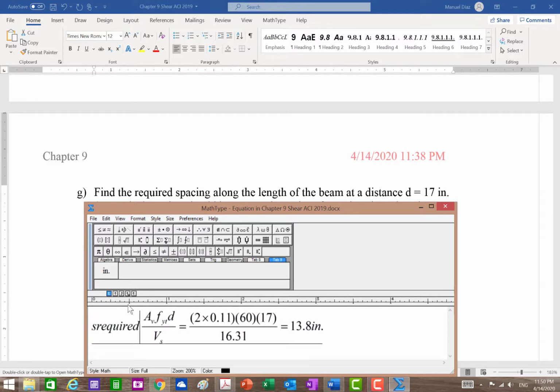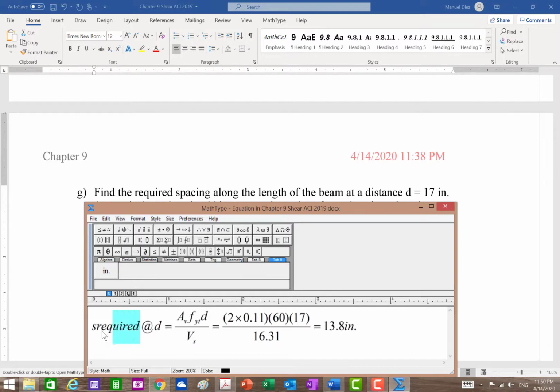S required at D, right? Because we're doing the shear at D. Okay. So this is my S required at a distance D. So that's what we're trying to find. So it's going to be my AV. Okay, that's good. My 60, which is this one. My D doesn't change, but my V sub S is now 48.3.